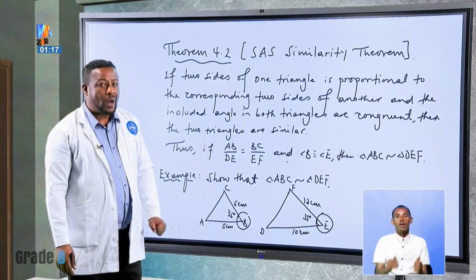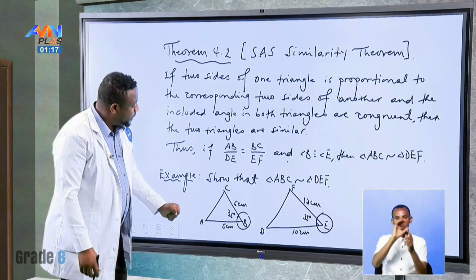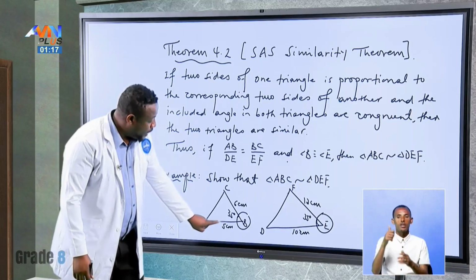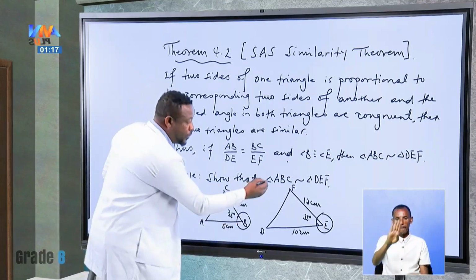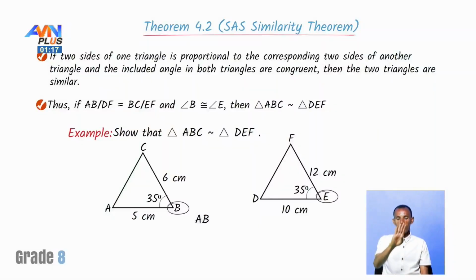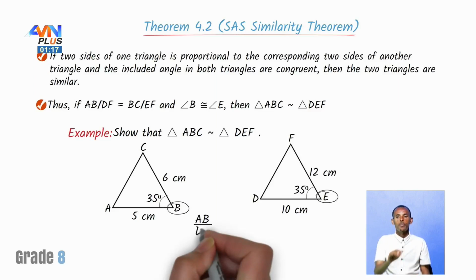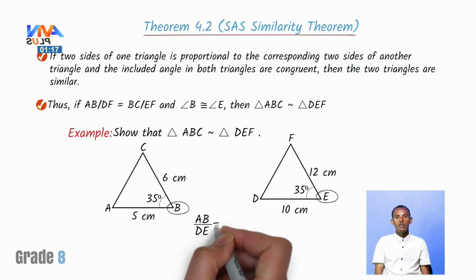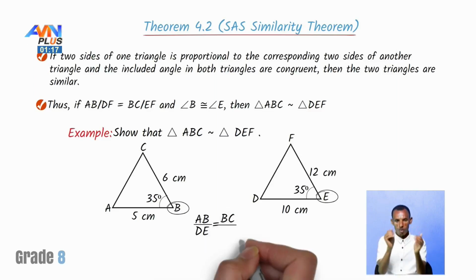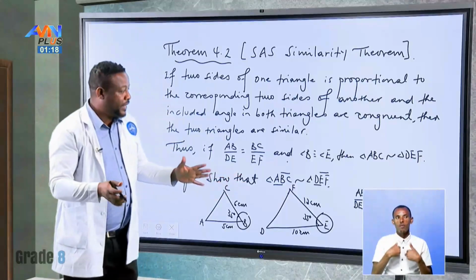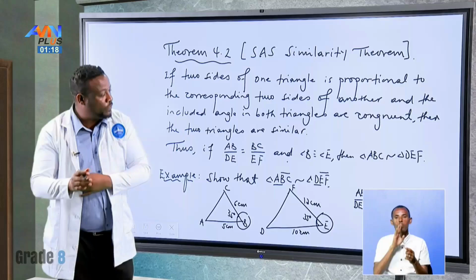So we have one condition. The other condition is the ratio of AB over DE should be the same as BC over EF, okay? This condition should be fulfilled, right?